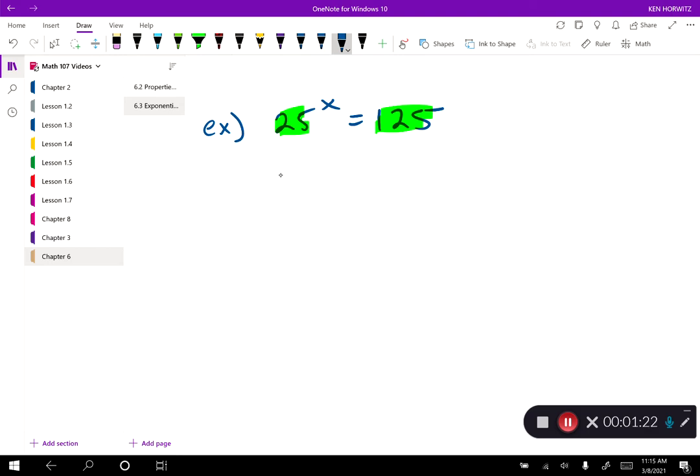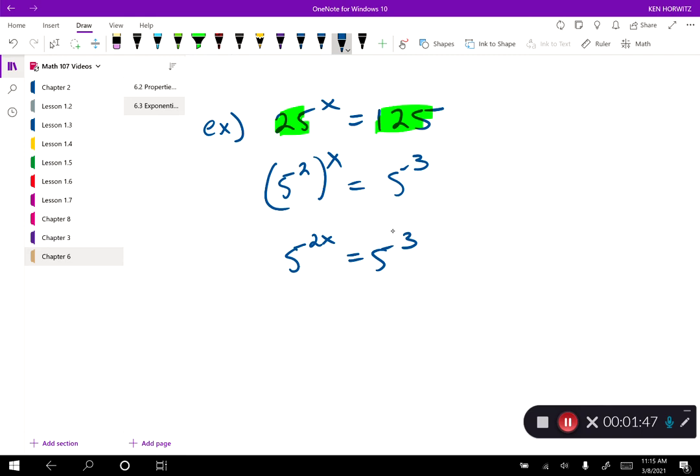Well, 25 can be written as 5 squared raised to the x power, and 125 could be 5 to the third power. These now are considered the same base because when I raise a power to a power, as I said in the last section, we can multiply. So it's 5 to the 2x equals 5 to the third.